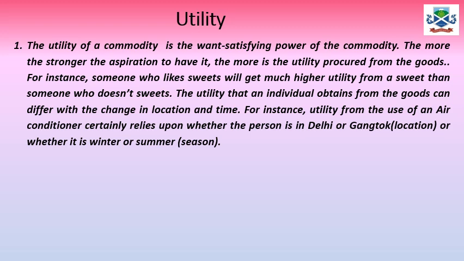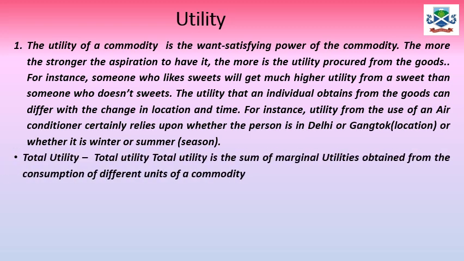For example, the utility of an air conditioner certainly depends upon the weather, whether the person is in Delhi or in Gangtok, that is location, or whether it is winter or summer. So utility is the want-satisfying capacity of a commodity. It varies from person to person, and it also varies with location and season. So that is utility.